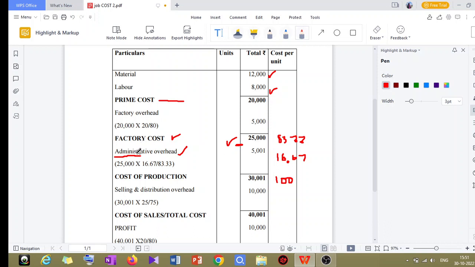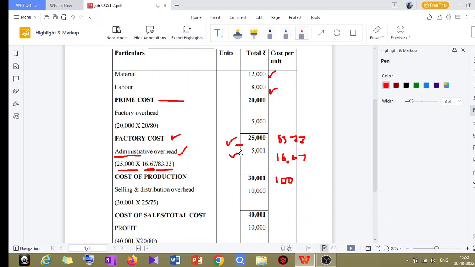We need to calculate the administrative overhead based on the factory cost. On factory cost, it will be 25,000 into 16.67 divided by 83.33. Okay, please calculate that. So when you calculate, you will get 5001.20.